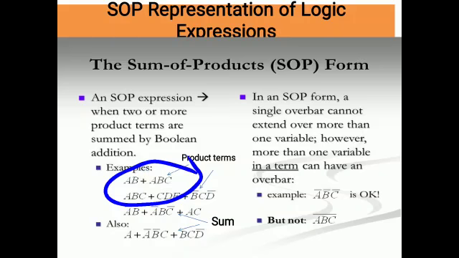Here the example is shown: only each variable is complemented, not two or three variables together, like A bar, B bar, C bar. This is the right SOP and the wrong one is A, B, C whole bar. We cannot use this whole bar in sum of product form. Whatever expressions we have used up till now were in the SOP form.